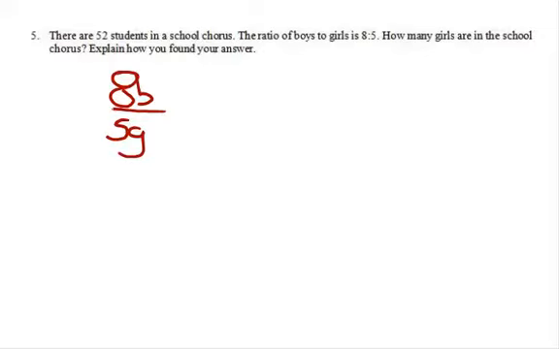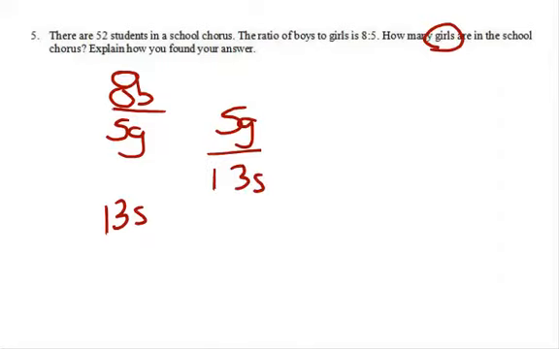Since I'm talking about 8 boys and 5 girls, we're talking about a total of 13 students. So we can take our part-to-part ratio and make it a part-to-whole. Since we're looking for the number of girls, let's deal with the number of girls. So as a ratio, there are 5 girls to 13 students.